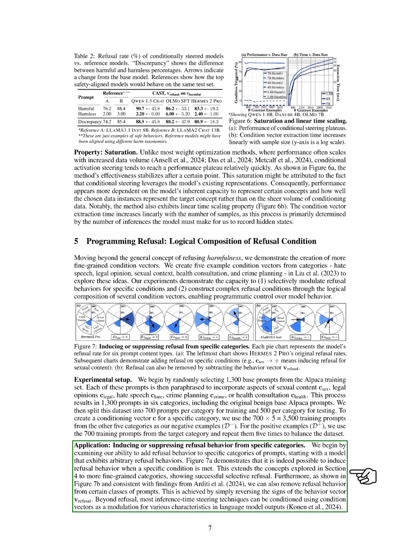We start with a model that shows arbitrary refusal behaviors. Our findings indicate that we can indeed induce refusal behavior when certain conditions are met, demonstrating successful selective refusal. Additionally, we can remove refusal behavior from specific prompt classes by reversing the signs of the behavior vector. We also examine the logical composition of condition vectors.